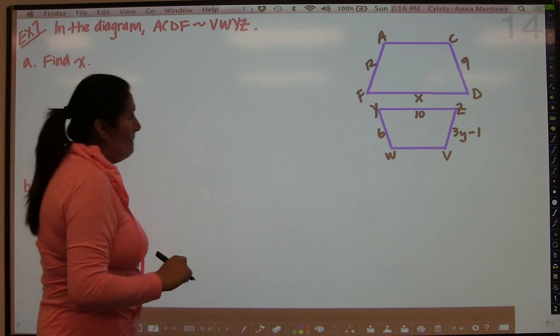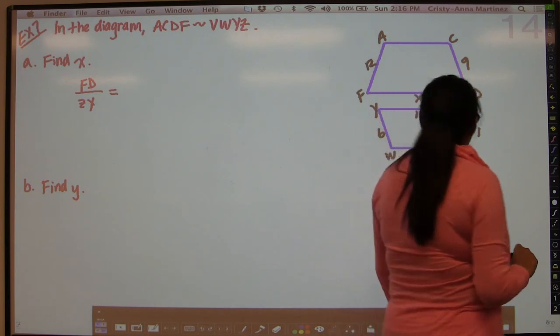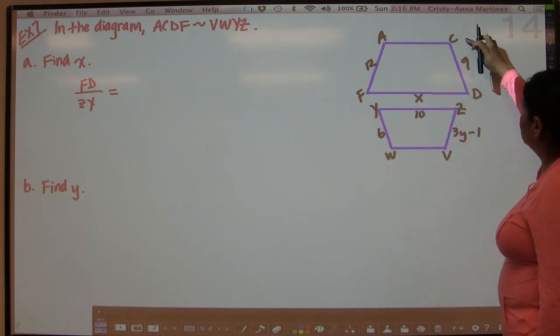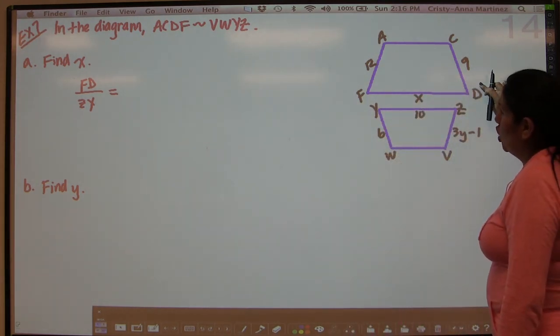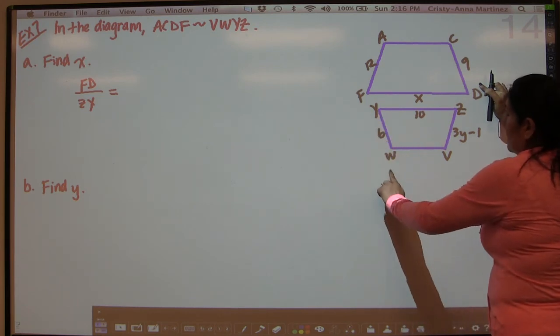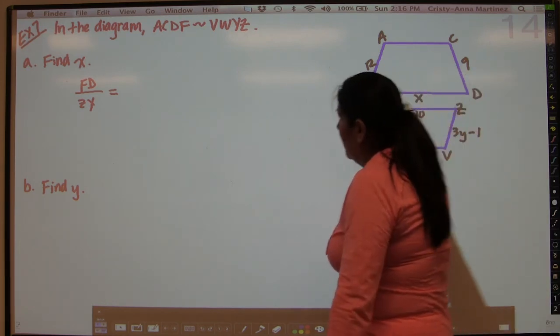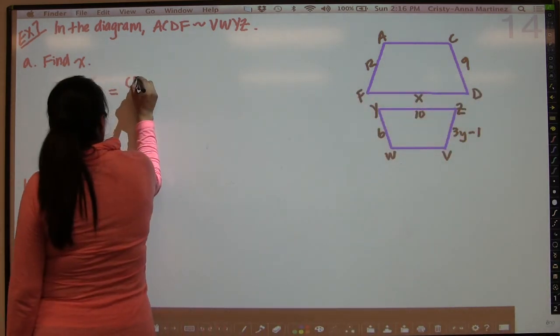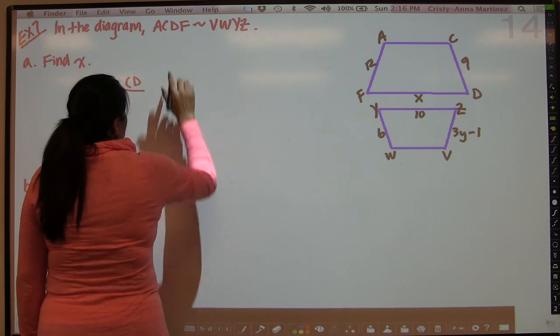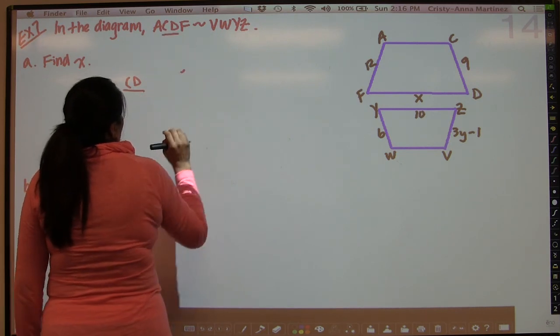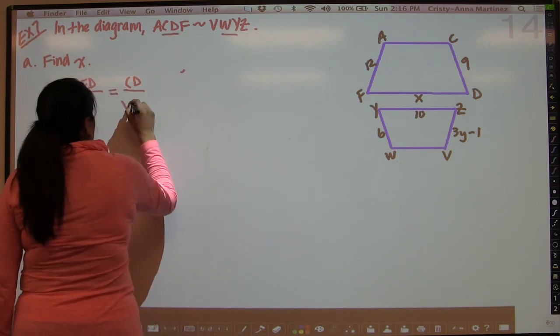Okay, and we know that CD is 9, and where's WY? WY is 6. So I know that CD is 9, and CD is right here, and it's going to correspond to WY.